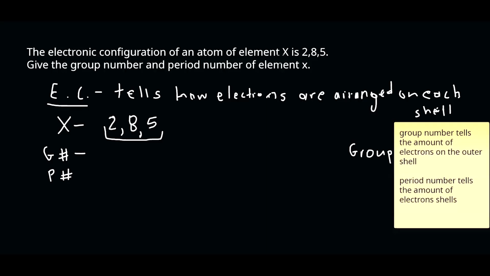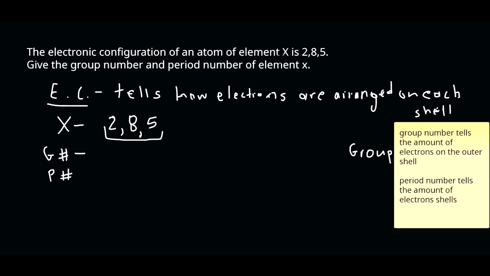So based on what we're seeing here, remember EC tells how electrons are arranged on each shell. Based on the structure here, what would be the amount of electrons on the outer shell? Remember, group number tells us the amount of electrons on the outer shell. So look at the EC here.